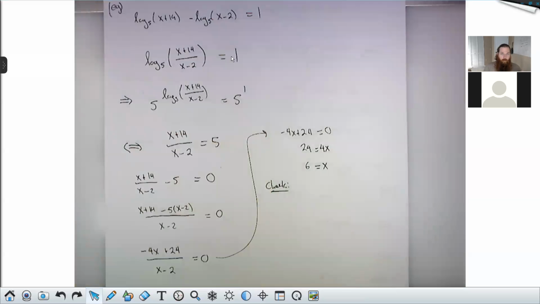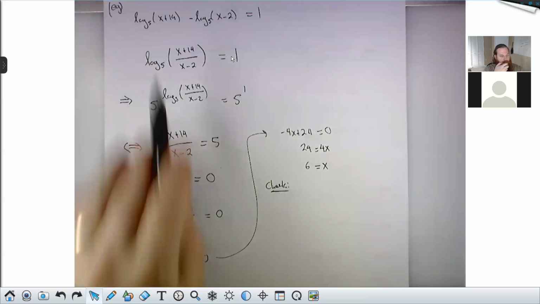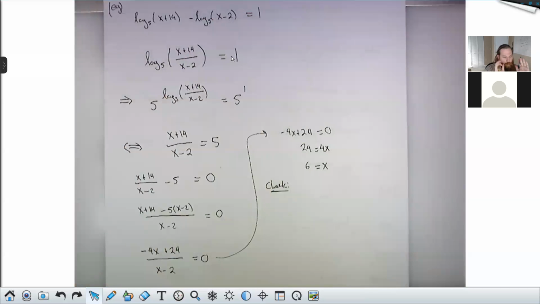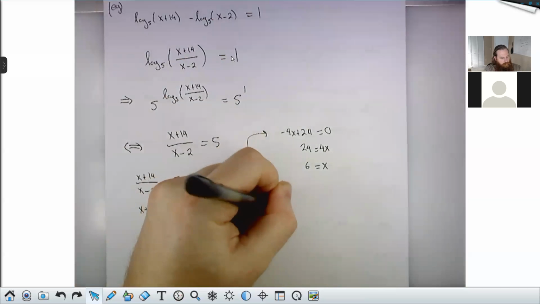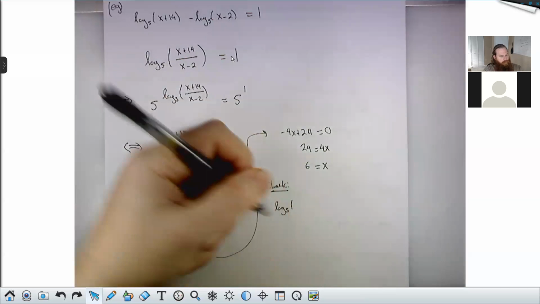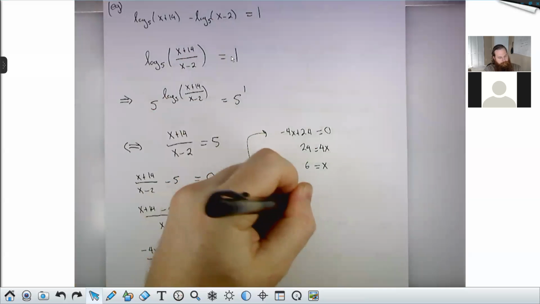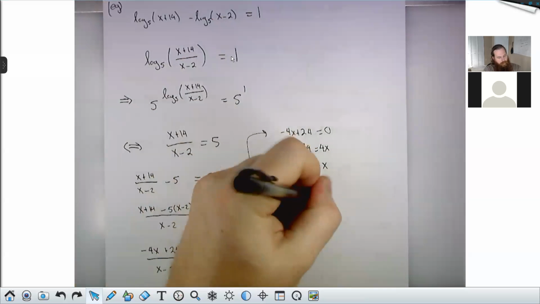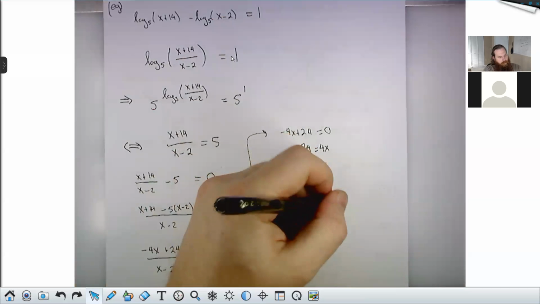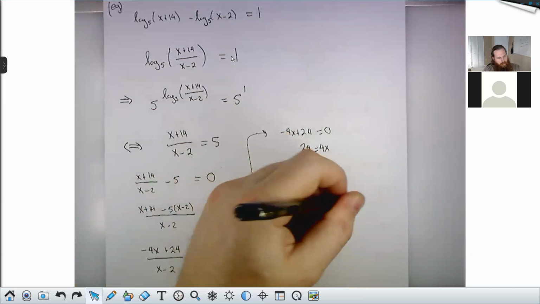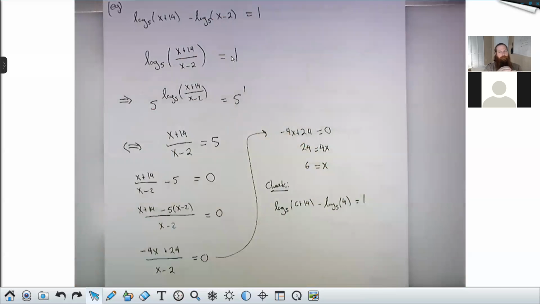Remember, logs are only ever happy if their insides are positive. So if any number makes the inside of a logarithm negative, it's out. So let's check, let's plug in. I'll have log base 5 of 6 plus 14 minus the log base 5 of 6 minus 2, that's 4, equals 1.